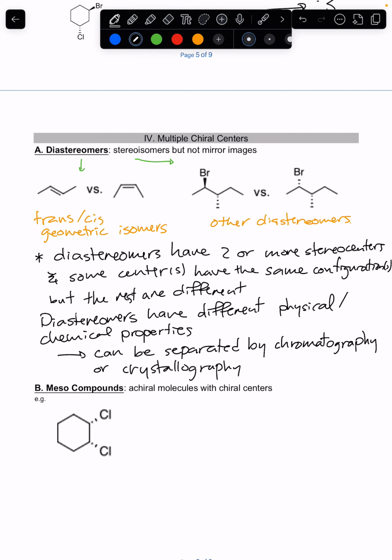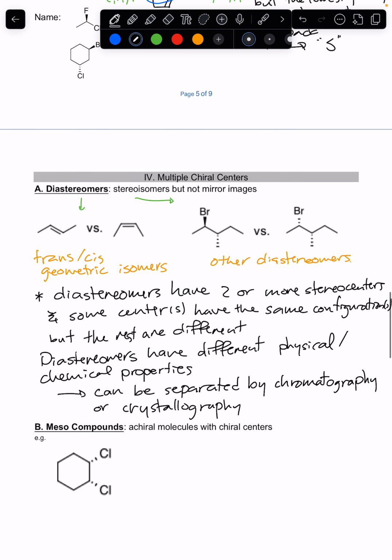Okay. Now, let's go back to this. How do we know these are diastereomers of each other? Well, let's look at the stereocenters. Here's one. How do I know that's a stereocenter? If you swap two groups attached to the stereocenter, you become the other stereoisomer. Like if you swap this hydrogen and the methyl, you become this molecule. And so that's a stereocenter.